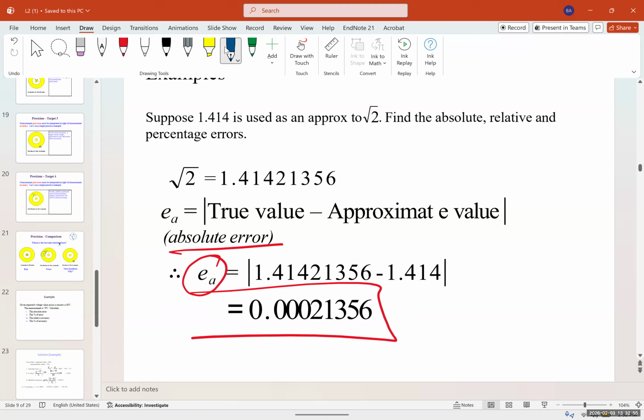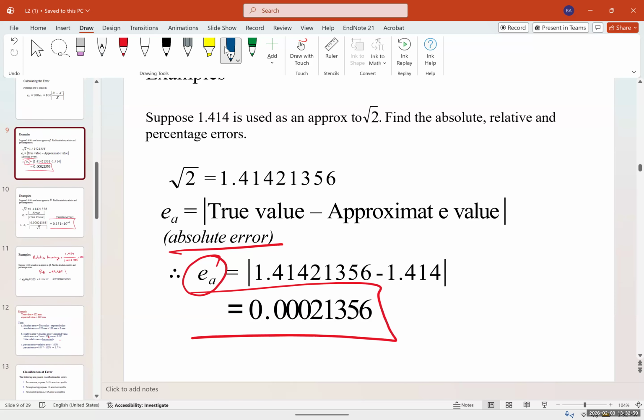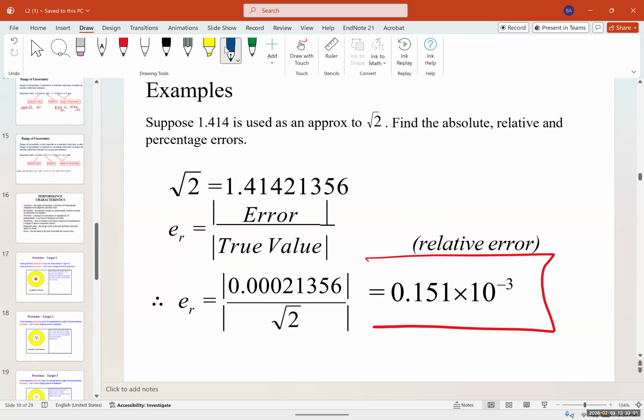Go back to the example slide. Yes, which one do you want me to? Just what we're supposed to be answering. Oh, yeah, sorry.